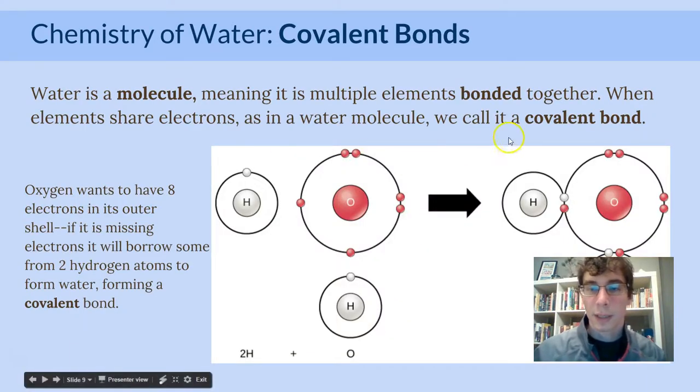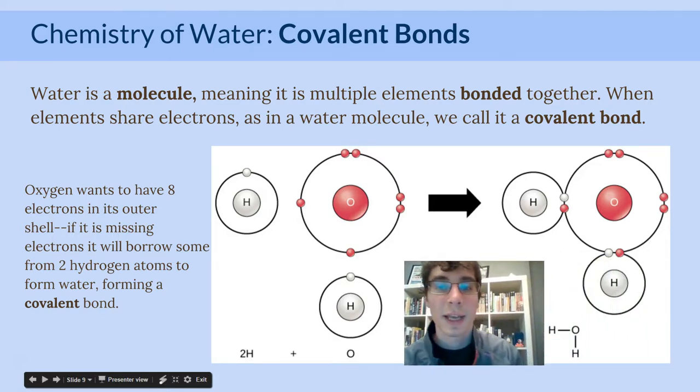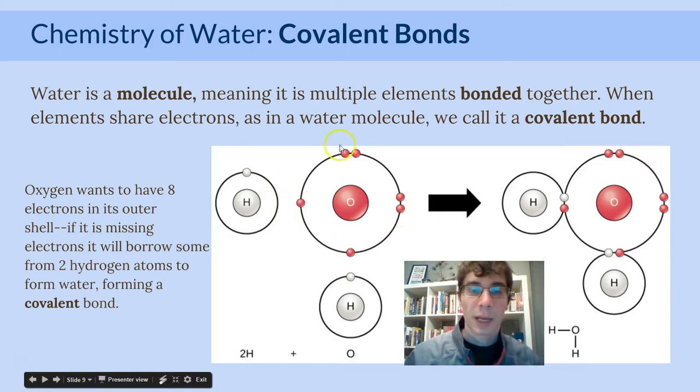To start with here today, we're going to talk about covalent bonds again and the lovely octet rule that we talked about last time. So we know water is a molecule. It's multiple elements bonded together. And when elements share electrons, such as in this water molecule, we call it a covalent bond. We talked about this in the last lecture, but oxygen has 6 electrons in its valence shell, and it's looking to fill it up with 2 more.